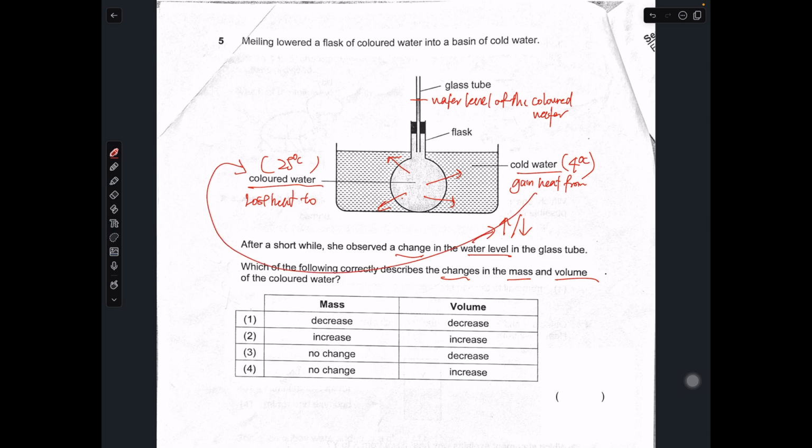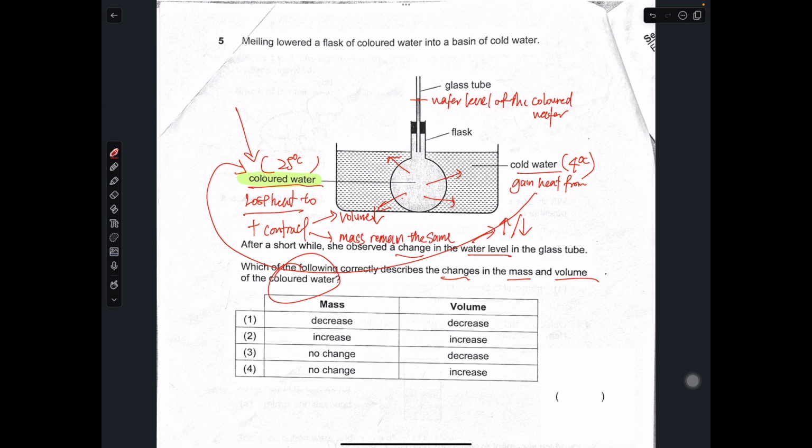We are talking about the colored water, so the focus is over here. When an object loses heat, it will start to contract. When a contraction happens, usually two concepts will be tested: volume and mass. Volume will decrease, mass will remain the same.